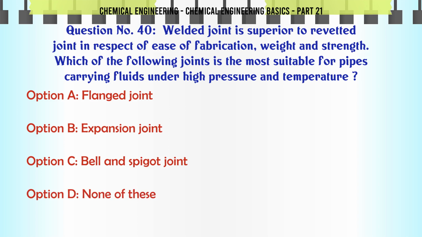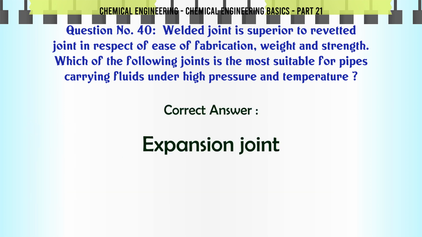Which of the following joints is the most suitable for pipes carrying fluids under high pressure and temperature? A. Flanged joint, B. Expansion joint, C. Bell and spigot joint, D. None of these. The correct answer is expansion joint.